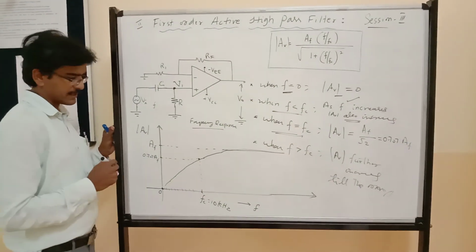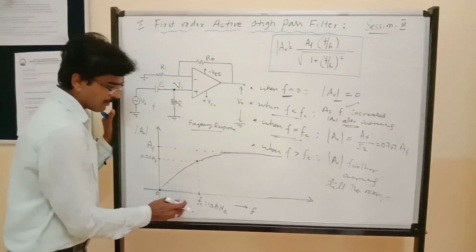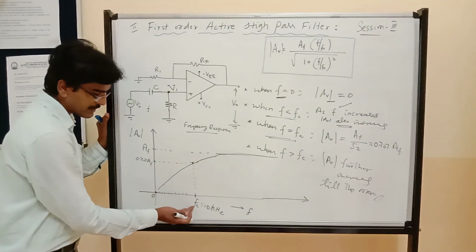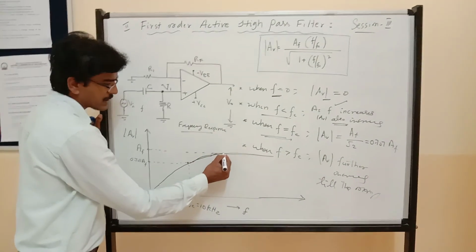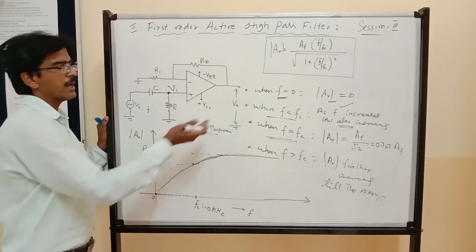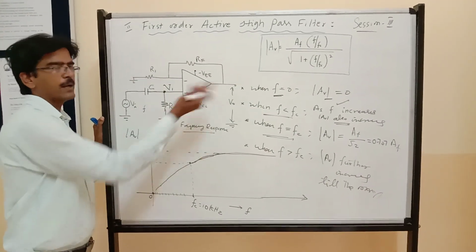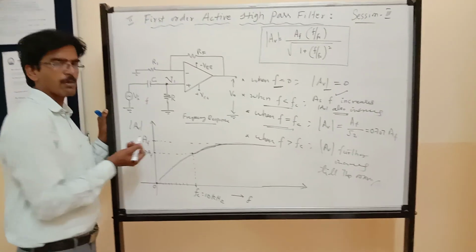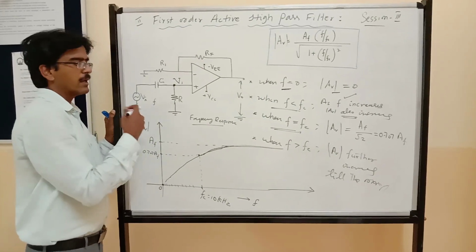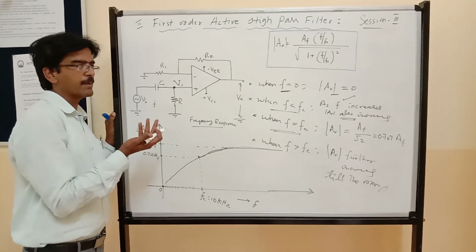What it indicates, you can observe here. When the frequency of the input signal is above Fc, what is the gain? Gain is almost constant and it is maximum. When gain is maximum, output is maximum. Suppose I take the maximum value as 100%. Then when gain is 100%, what does it mean?